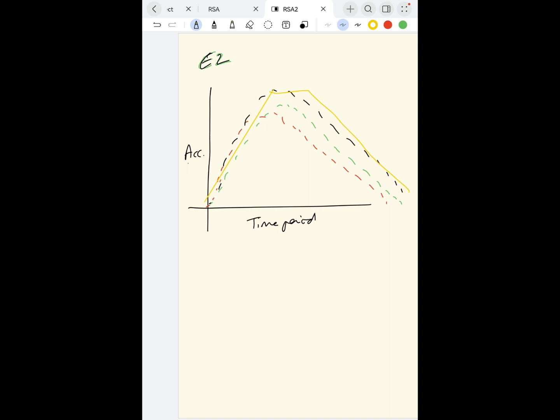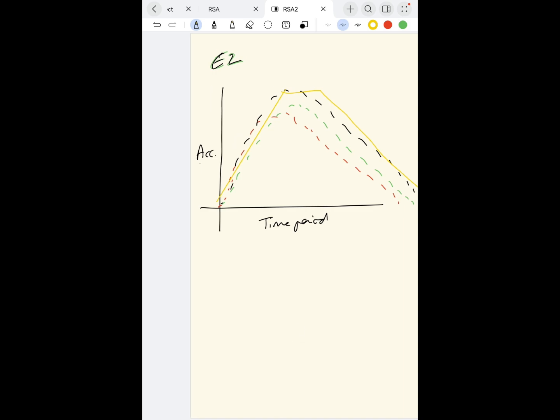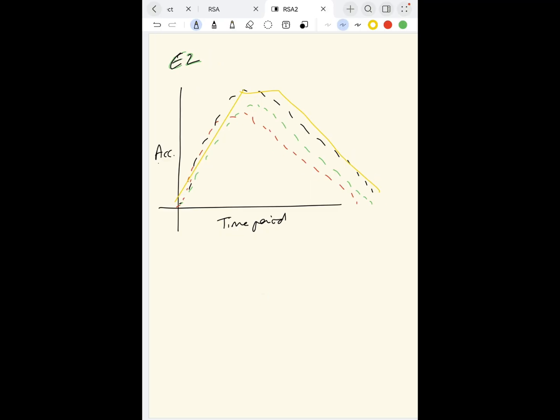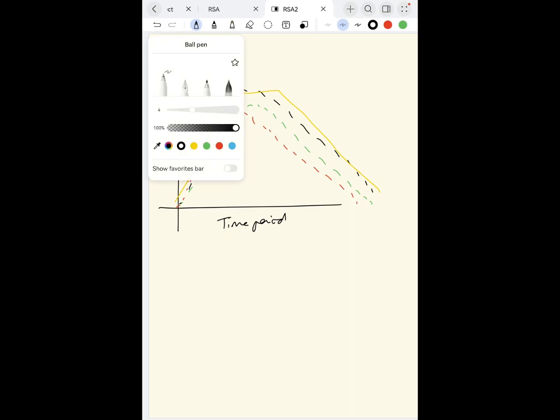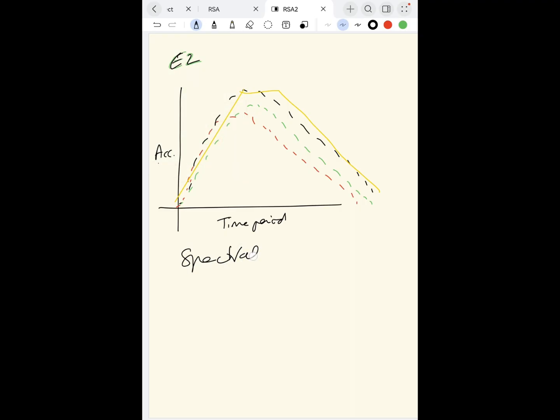This is the response spectrum. Spectral acceleration, SE.